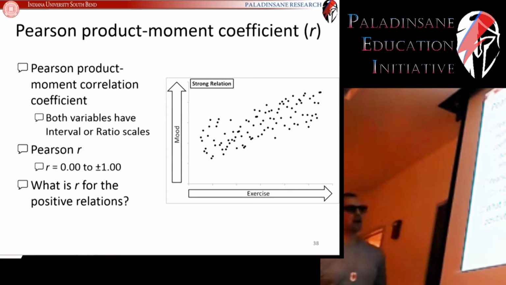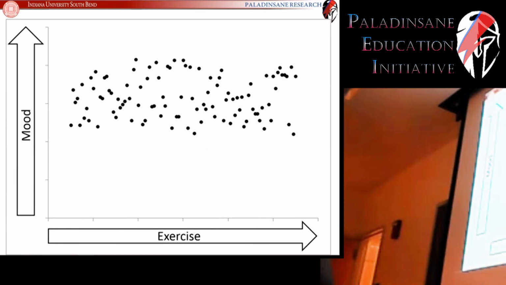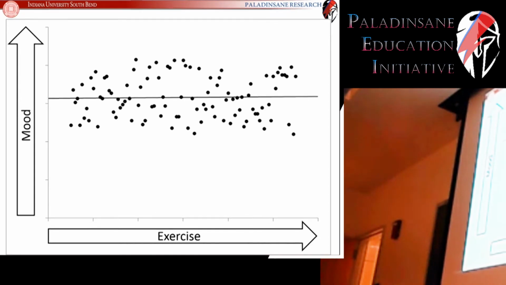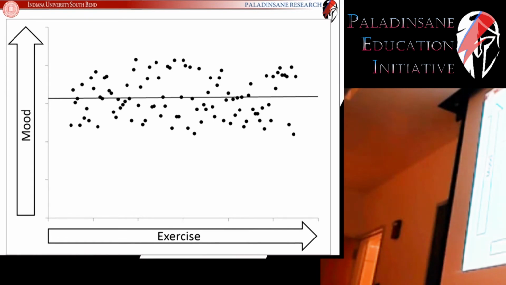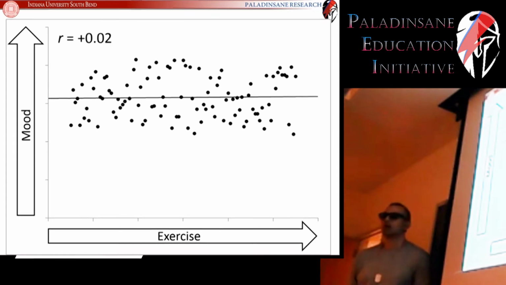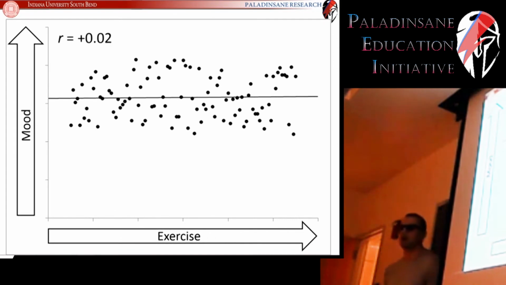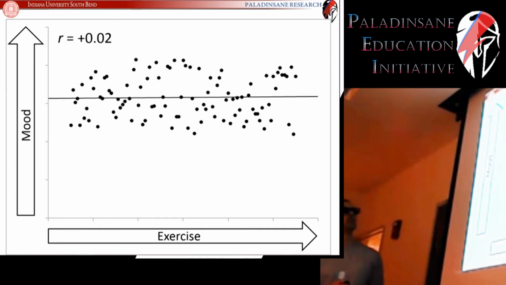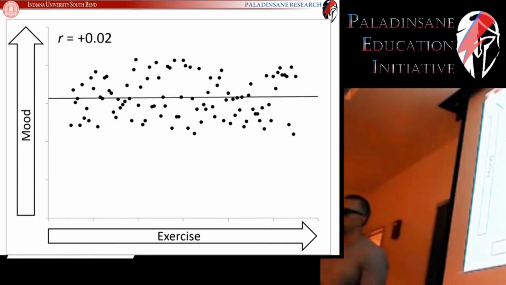So let's take a look at the R for positive relations. So in this case, we have no relation. There's your line to show that there is no relationship between exercise and mood. And if we were to calculate a correlation coefficient for this, correlation coefficient would be plus 0.02. Very close to 0, positive, but very close to 0, indicating an extremely weak correlation.